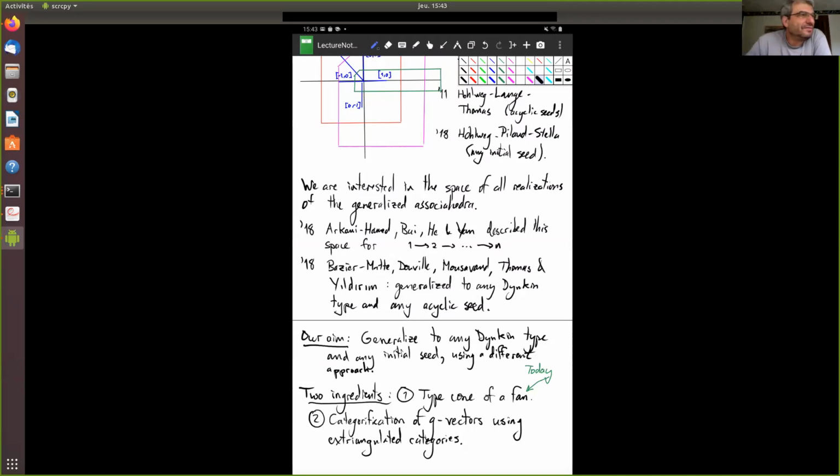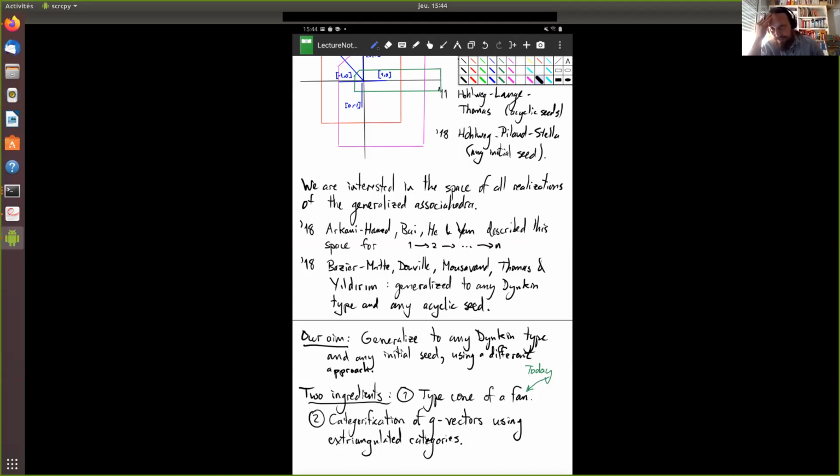Excuse me, Pierre-Guy. Yes. So just to understand, your result is exactly the same as the earlier work, because acyclicity is kind of empty in this situation for Dynkin type, right? Or did you also include the affine case? No, we don't include the affine case, and this is maybe an important point, and at the end of the talk, I'll try to comment on this.